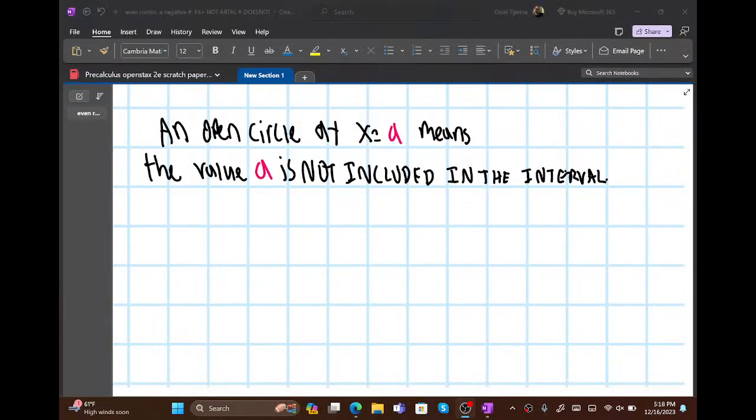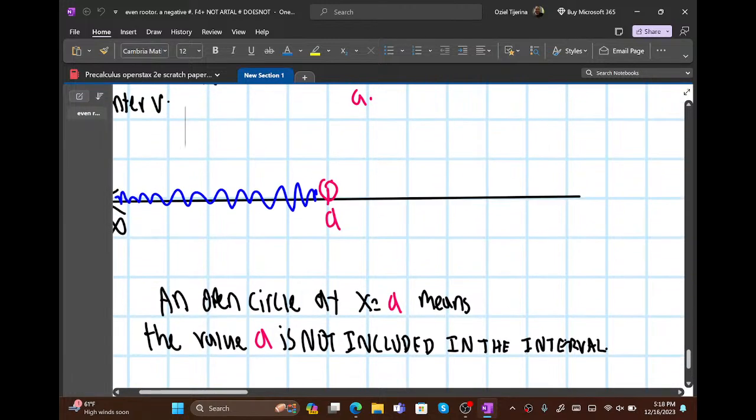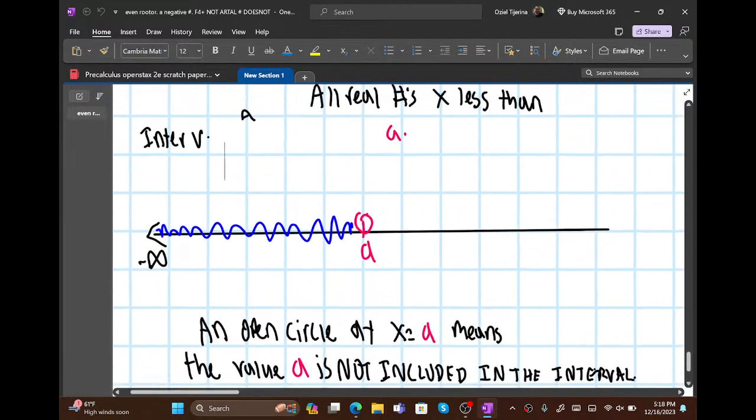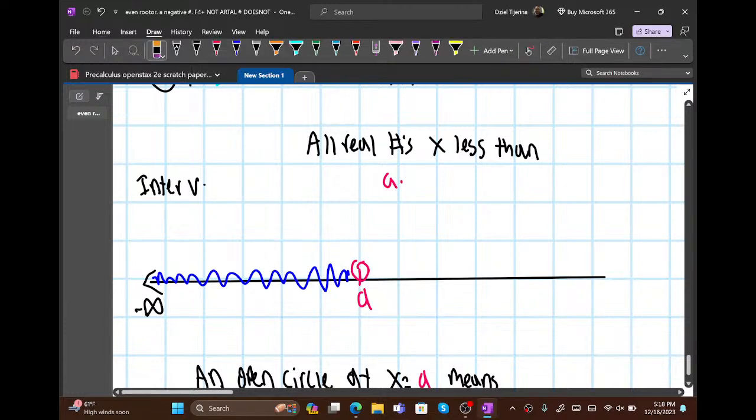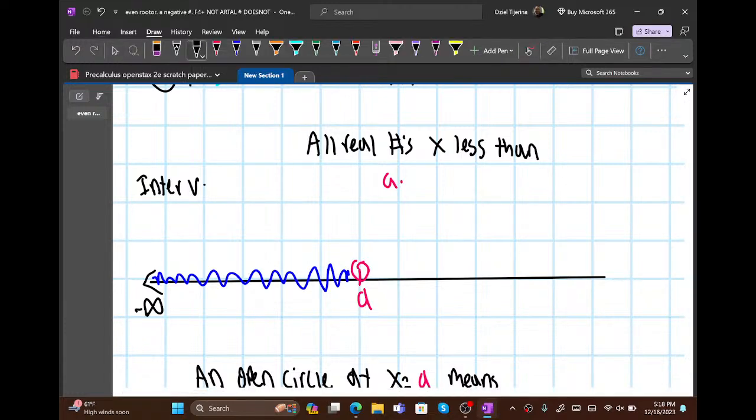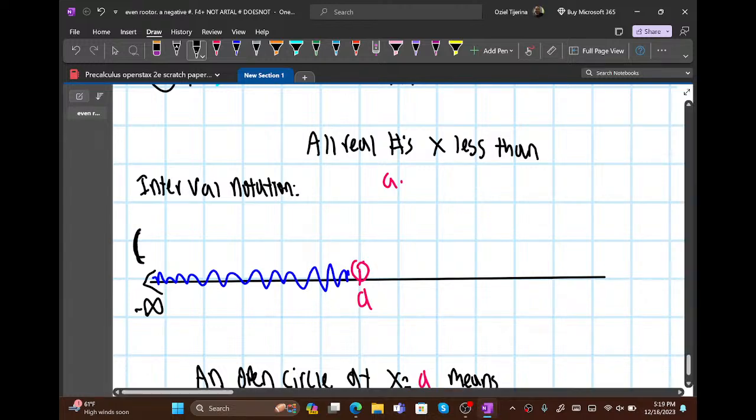There we go. Okay. Like I said, it would not be included in the interval. So when I do this in interval notation, this would be written with a parenthesis at negative infinity.